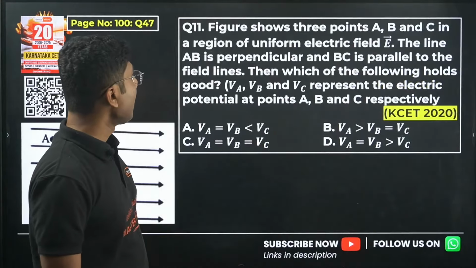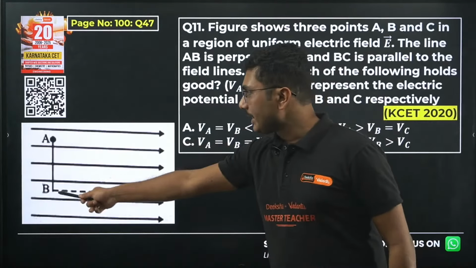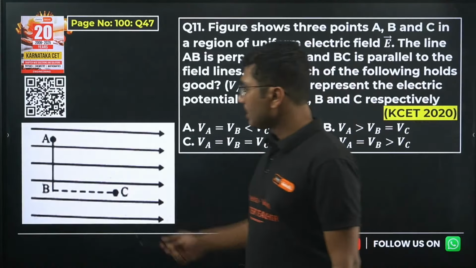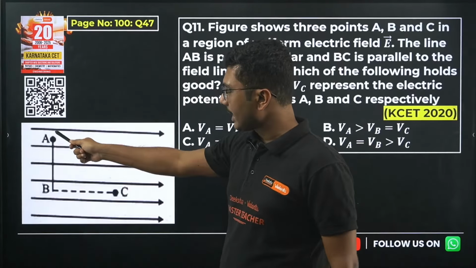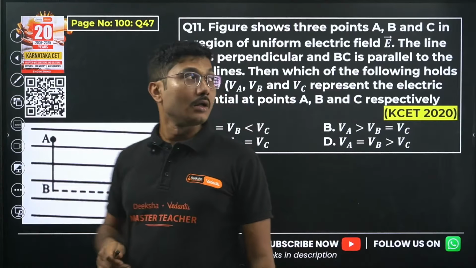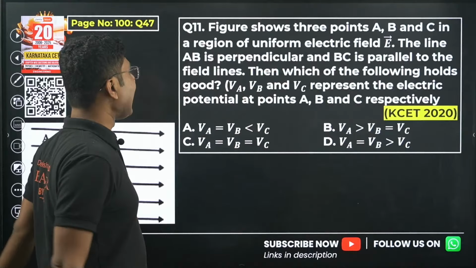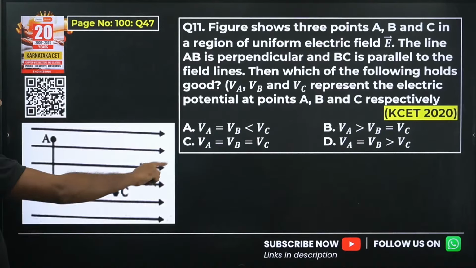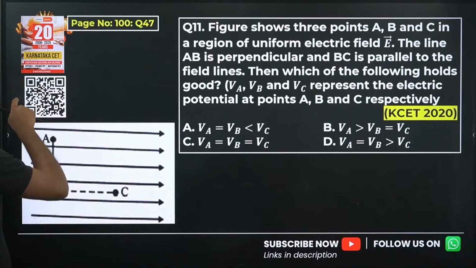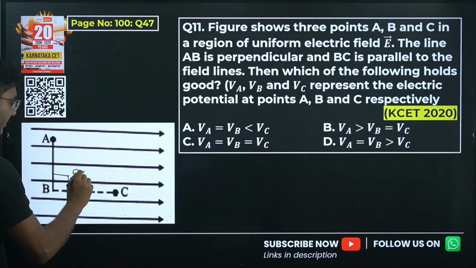Next question. The figure shows 3 points A, B and C. You see that in the figure, the uniform electric field E is shown in this direction. The line AB is perpendicular to the line BC, so basically this angle is 90 degrees.